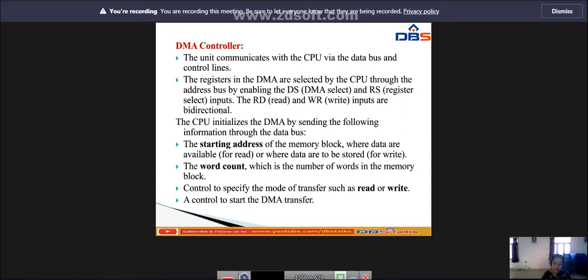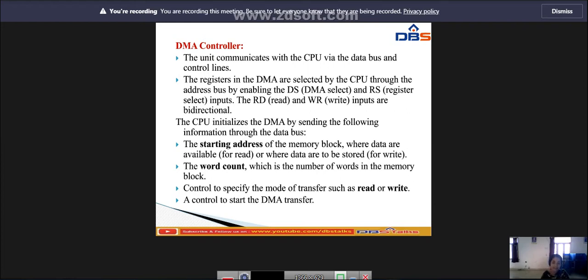The starting address of the memory block, where the data is available for read, and where the data are to be stored for write.